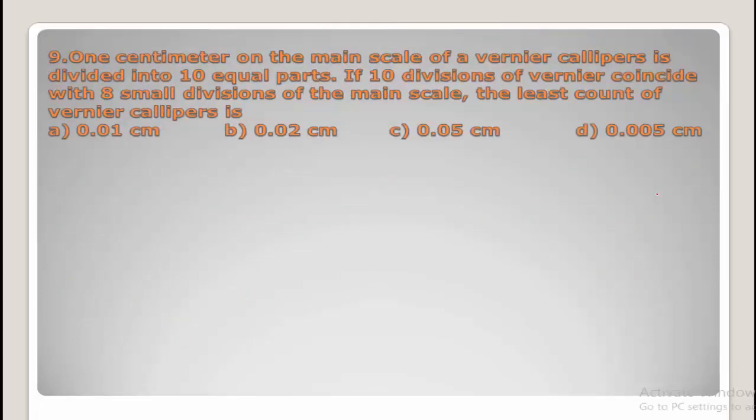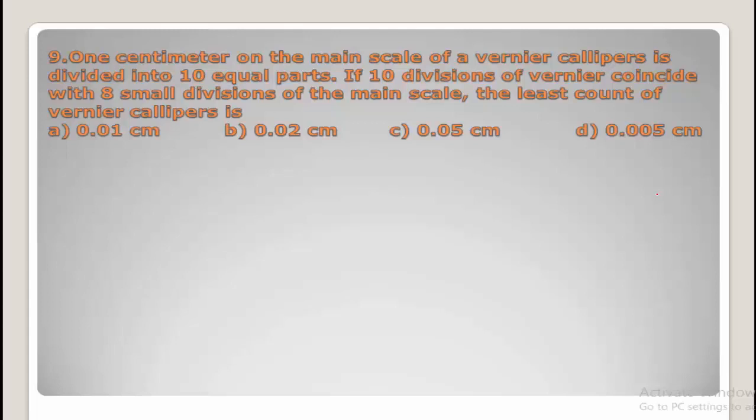Next question. 1 centimeter on the main scale of a vernier calipers is divided into 10 equal parts. If 10 divisions of vernier coincide with the 8 small divisions on main scale, the least count of vernier calipers is.